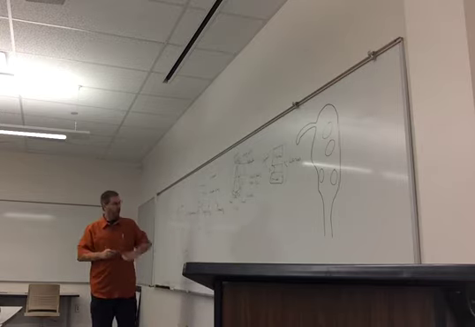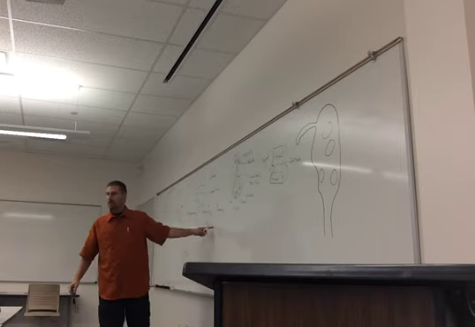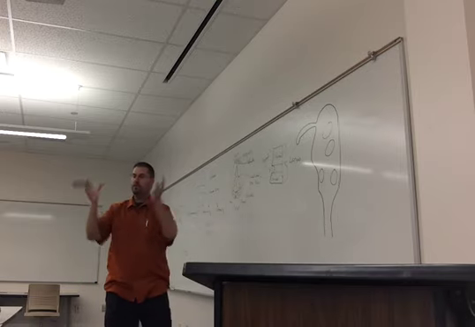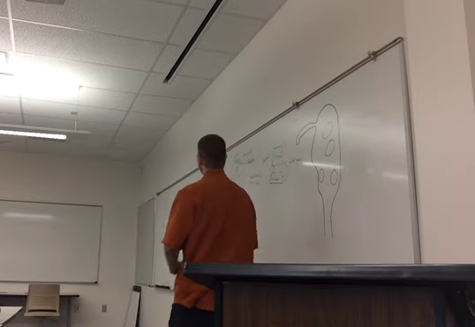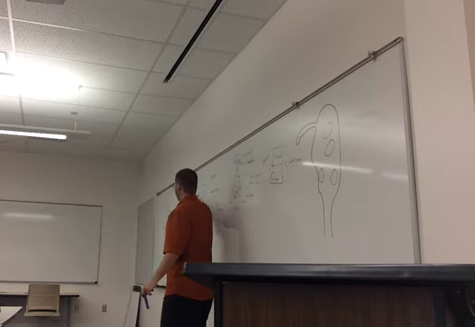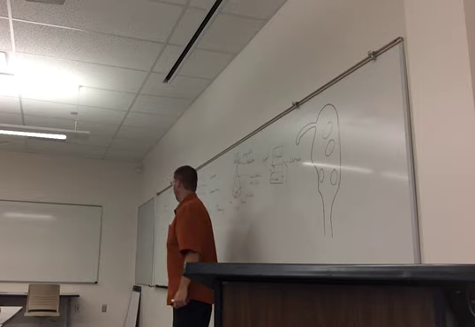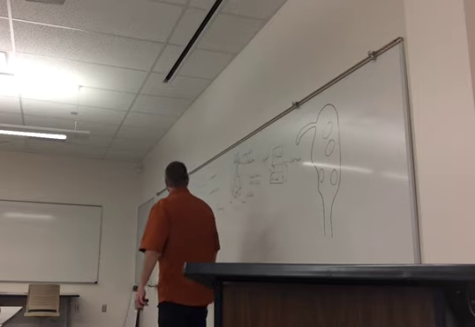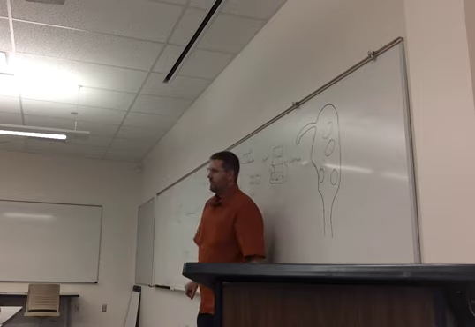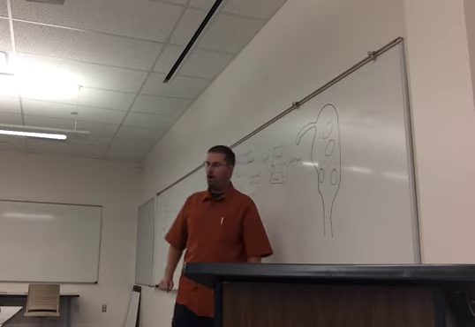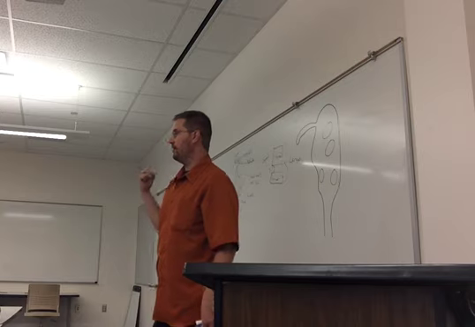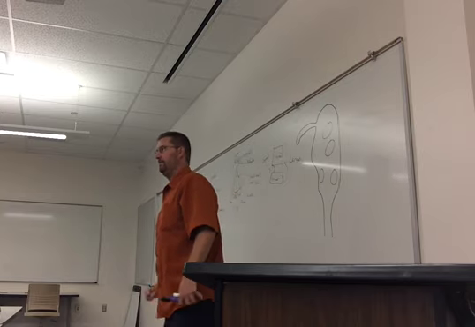The type 1 alveolar pneumocytes make up the general membrane, the general structure. They're like the walls of the alveoli. The type 2 alveolar pneumocytes are embedded in that wall, and they are cells that secrete surfactant.